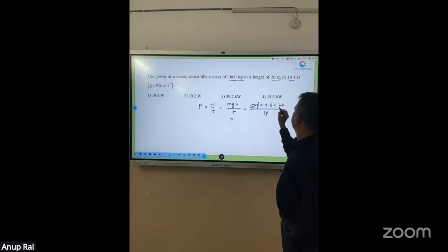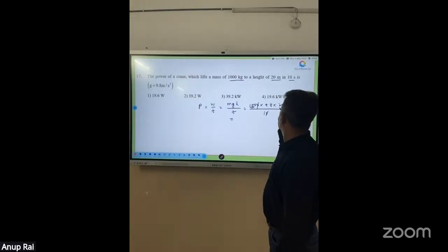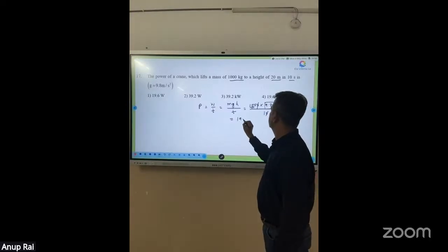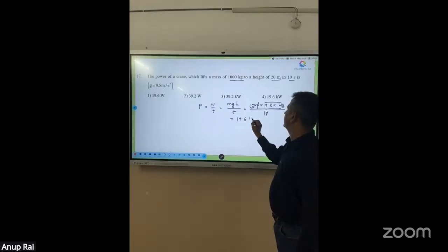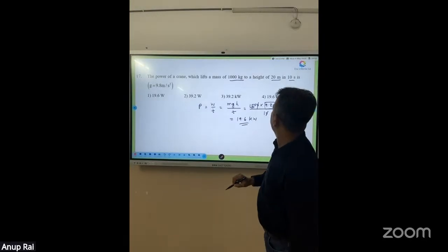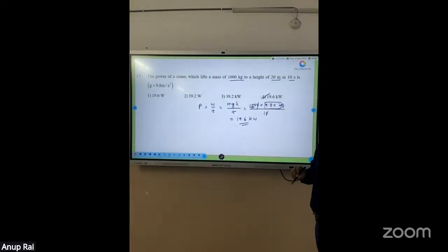So this 1000 will become 1000, and this 9.8 will become 19.6. 1000 can be written as kilo, so the answer should be 19.6 kilowatt.